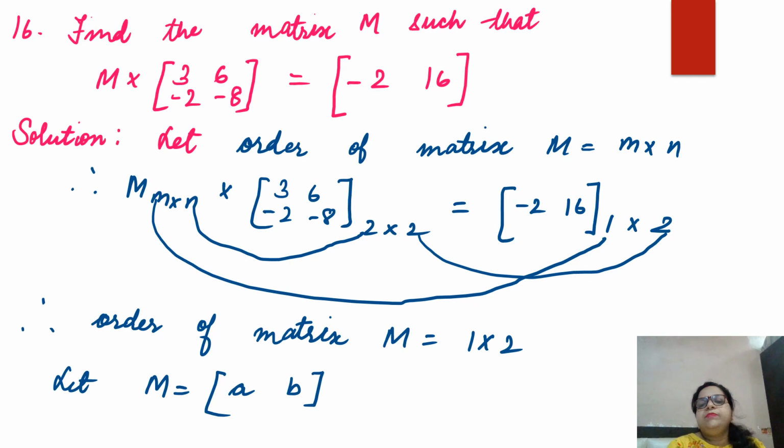So m value will be equal to 1. Therefore the order of the matrix M is 1 by 2. Let M be [a, b]. The two elements of the matrix are a and b.